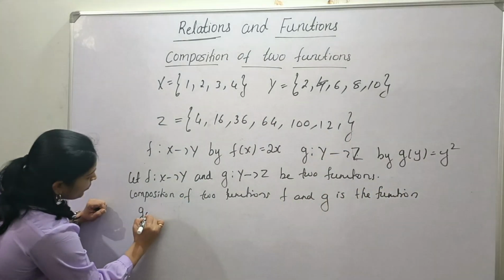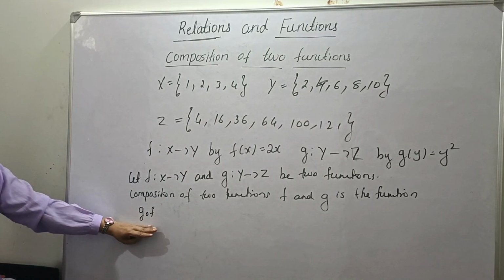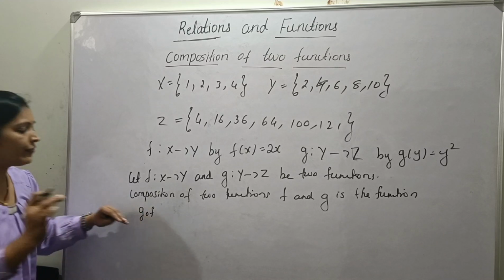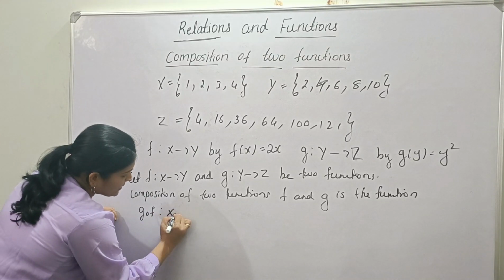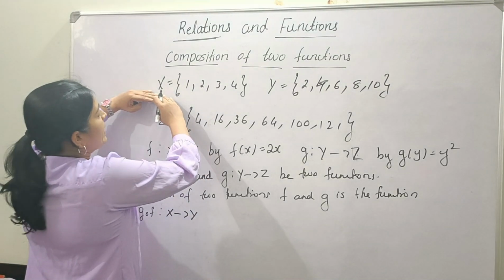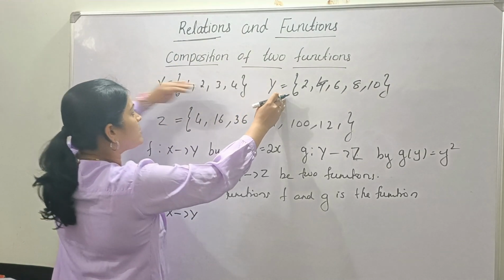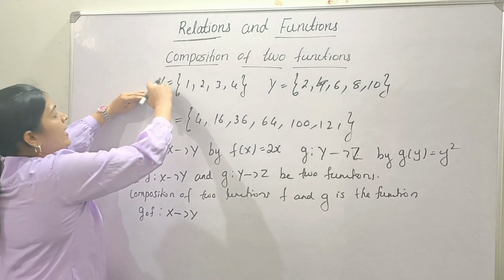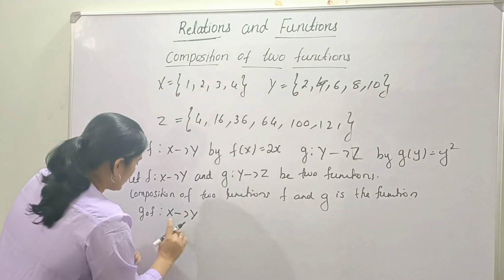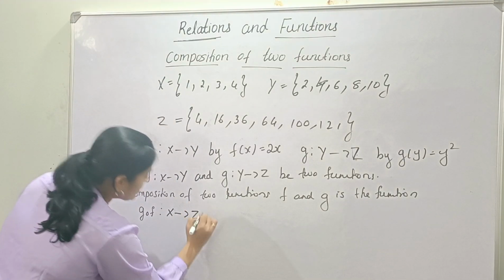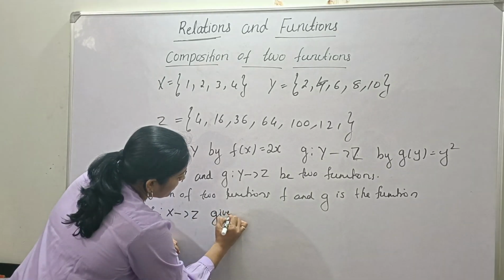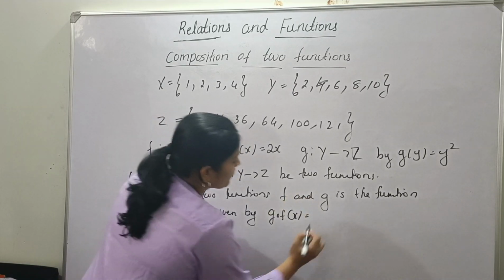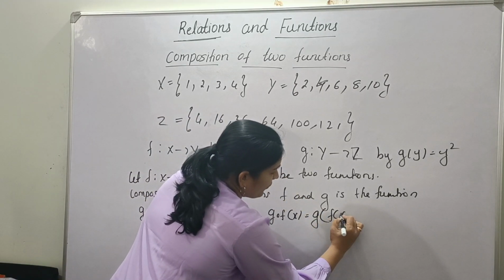See, g composite f, composition of functions f and g is g composite f from X to Z. Here f from X to Y and g from Y to Z, composition of f and g is nothing but X to Z, not X to Y, X to Z, given by g composite f of x is equal to g of f of x.